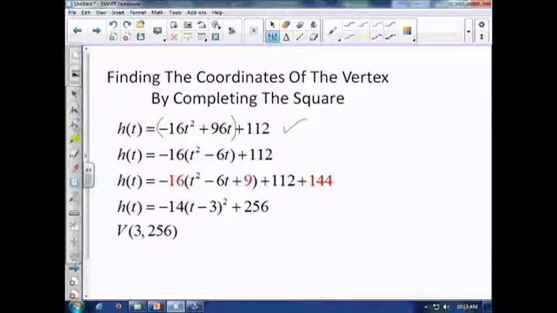So when you factor 16 out, you have t squared. And notice you factored negative 16 out, so you're going to change the sign to negative 6t, such that when you distribute, you get back the original expression, and then leave the 112, the constant, on the outside. Now we have the negative 16 times t squared minus 6t.